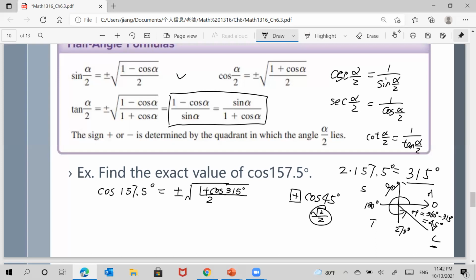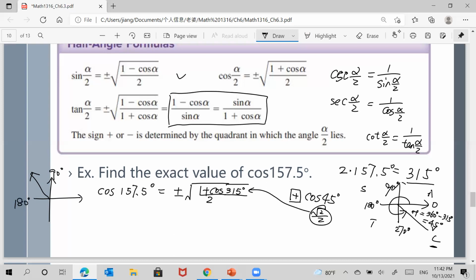So I can plug this value into the expression here. And is it positive or negative? You can't tell if this is positive or negative from the expression here. But we have learned that 157.5 is in the 2nd quadrant because here is 90 degrees and this is 180 degrees.